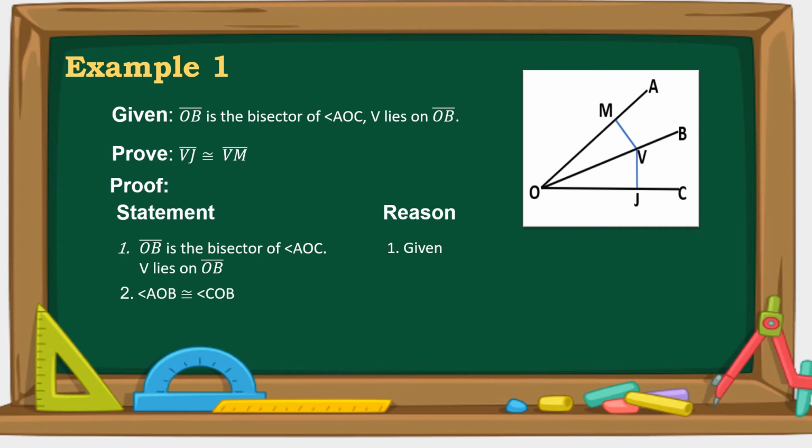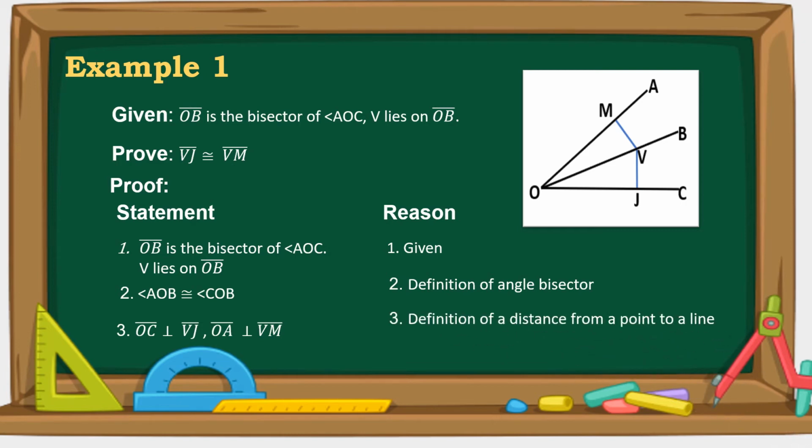Statement number 2. We have angle AOB congruent to angle COB. So what is the reason? Definition of angle bisector. Third, line segment OC is perpendicular to line segment VJ, and line segment OA is perpendicular to line segment VM.